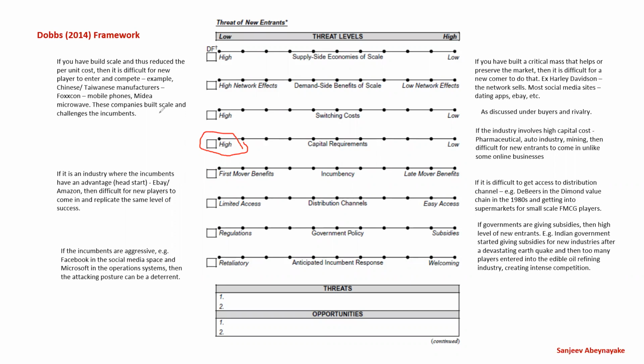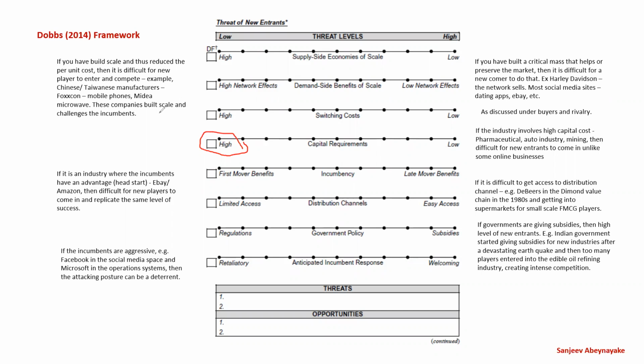Incumbency means the first mover in that industry may have certain advantages. Those advantages may come in the form of a scale that they have developed, both on the supply side and the demand side. Sometimes they would have established rules and regulations around them because they've been the first mover. There may be regulatory advantages that they get because of being the first mover. And sometimes the brand image and the network that they have created all give that incumbency advantage.